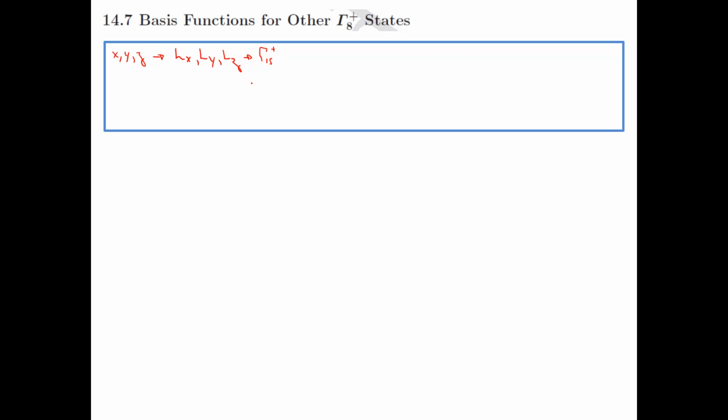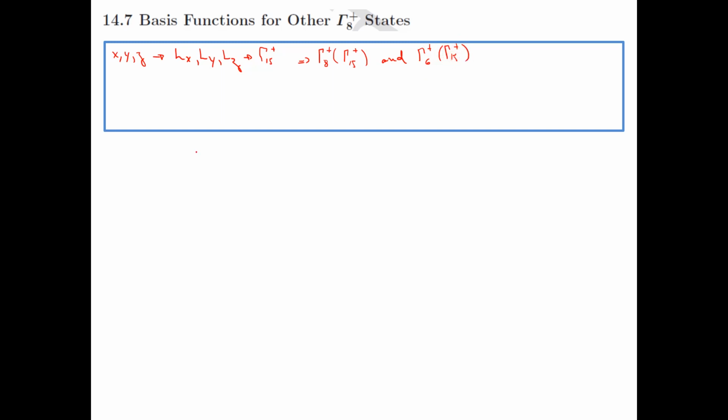So using that, you basically substitute px, py, pz for the operators Lx, Ly, Lz. You get a basis for gamma 8 plus arising from gamma 1/5 plus, just as we did in the previous slide. And also, if you take j equals 1/2, you can get basis functions for gamma 6 plus arising from gamma 1/5 plus.